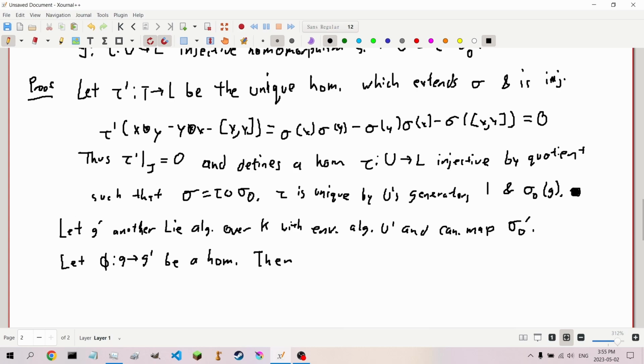Then we have that the composition of sigma 0 prime, I should probably write out its domain and range for the sake of making things easier to follow, so sigma 0 prime composed with phi is an alpha mapping.